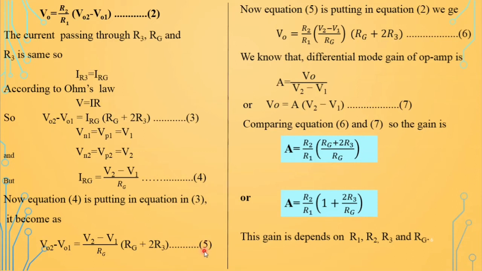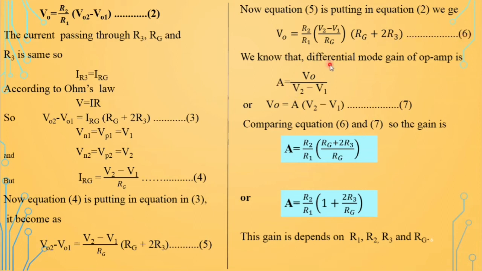This equation 5 is put into equation 2, because here we want to put VO2 minus VO1. So Vout is equal to R2 divided by R1, inside the bracket V2 minus V1 divided by RG, inside the bracket RG plus 2R3. This is our equation 6.